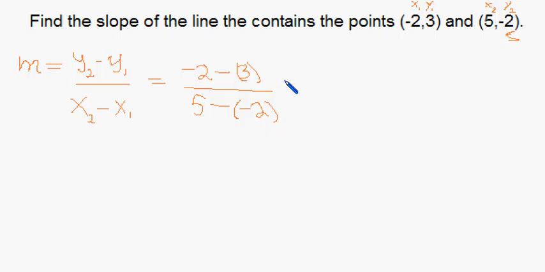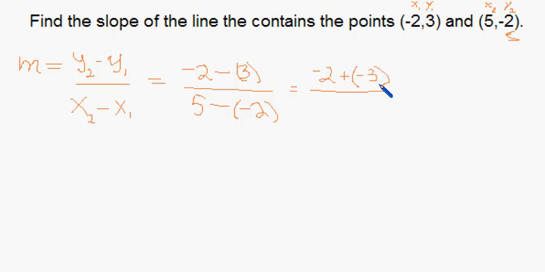Now we want to combine the terms that we have in the numerator, so we have a -2 minus a 3. If you're not familiar with subtracting numbers, what we can do is keep the first number the same, because it's subtraction we change this to addition, and the sign of the next number changes to a negative.